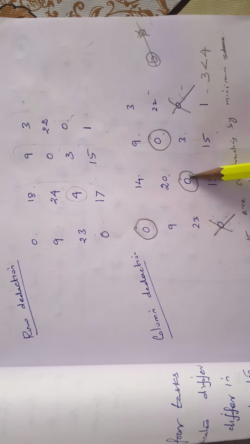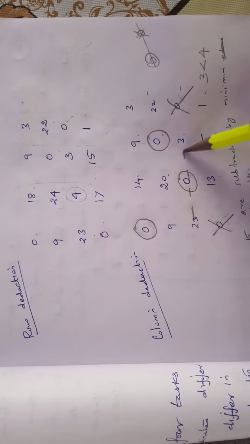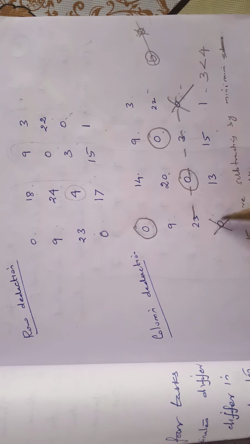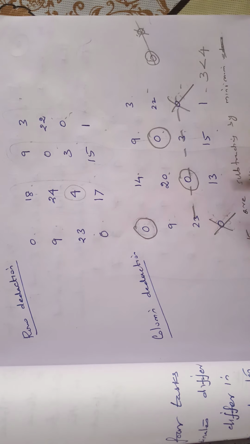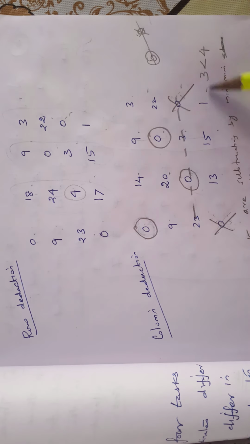Third row, one encircled and one crossed 0, so we draw one line. Again we move to the next row, no additional 0 is there. Our aim is only one: we have to draw the line through encircled and crossed zeros.